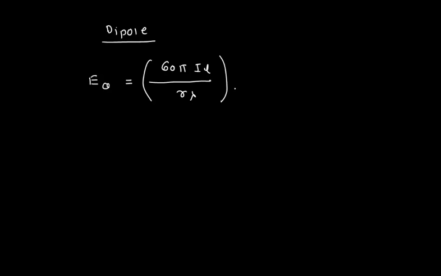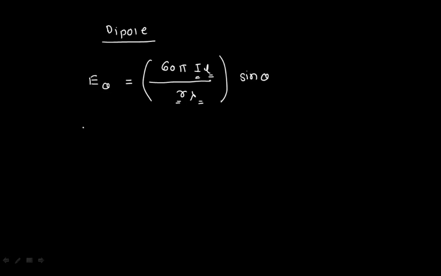We are going to see the analysis later on, but if I measure the radiation of this dipole antenna, the electric field intensity in the theta direction is 60 pi I L divided by R lambda, times sine theta. I is the current, L is the length, R is the distance. Don't consider these things right now.